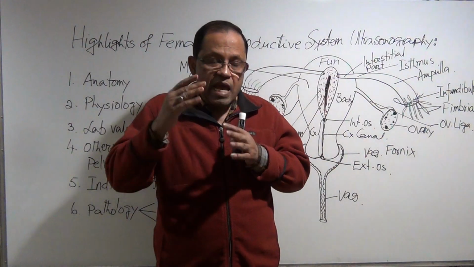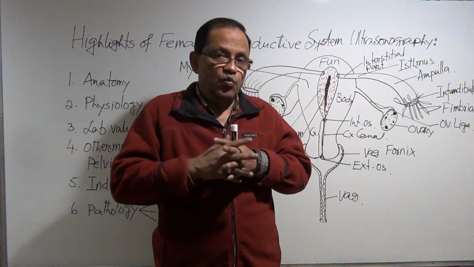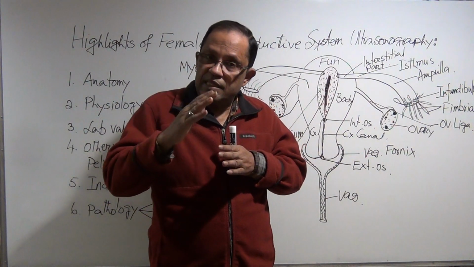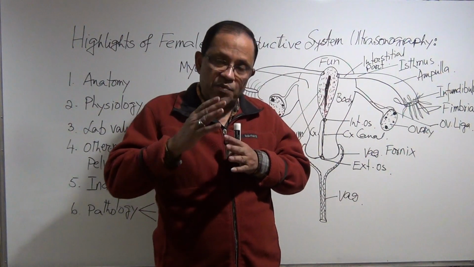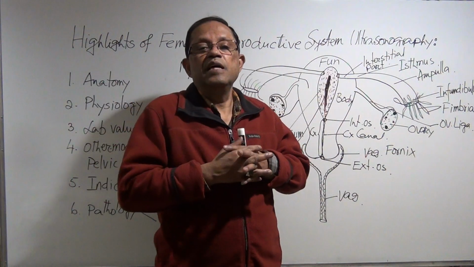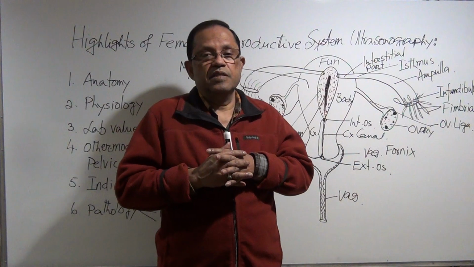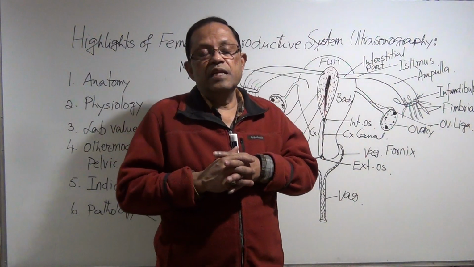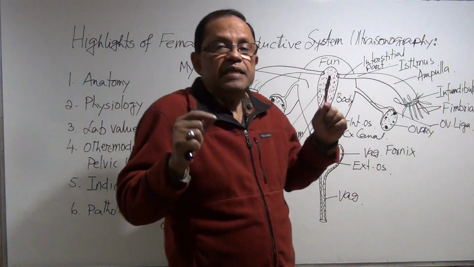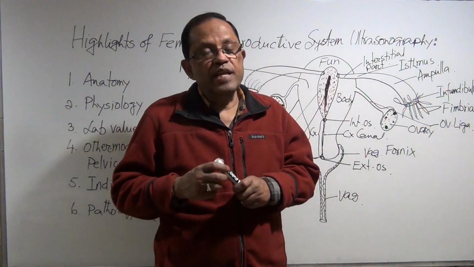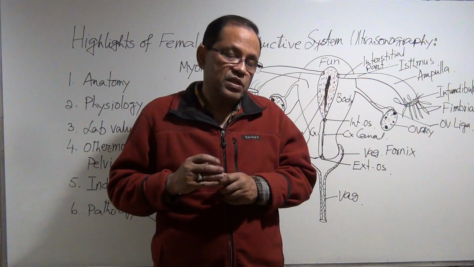They are soft ligaments. They keep the uterus in position. The cervix is attached with the sacrum by a ligament, so that is important. Sacrocervical ligament and coccygeal ligament, between coccyx and cervix. The round ligament is important, and the ovarian ligament is important too.